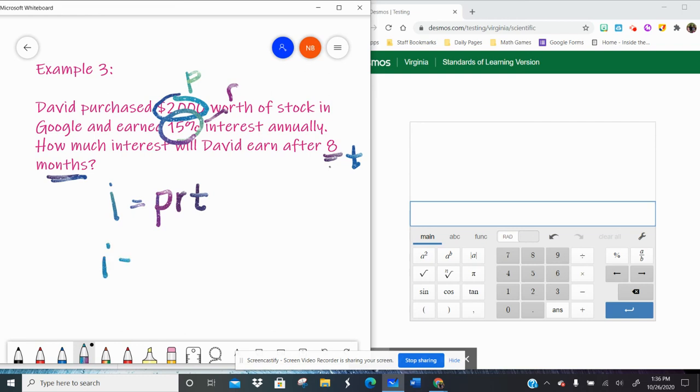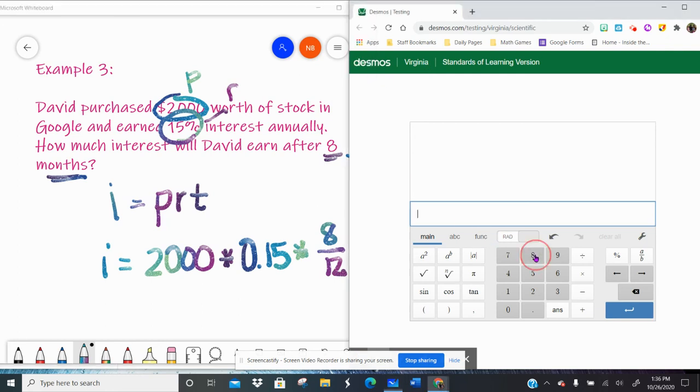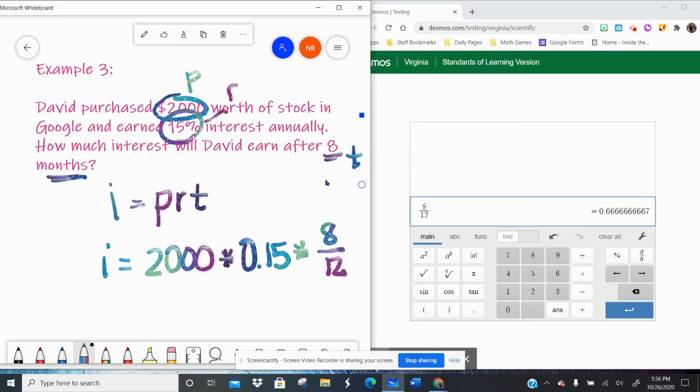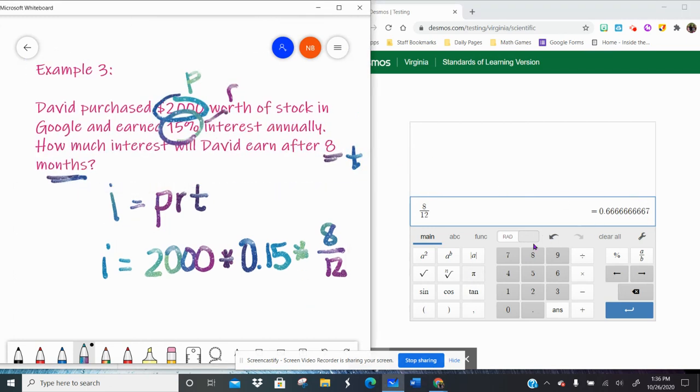So let's look. Interest equals 2,000. I'm going to multiply that by 15%, 0.15. And then for 8 months, I'm going to do 8 out of 12. So let's figure out 8 divided by 12. Ooh, that's 0.66666 repeating. That repeating decimal, I'm going to leave that in the calculator.